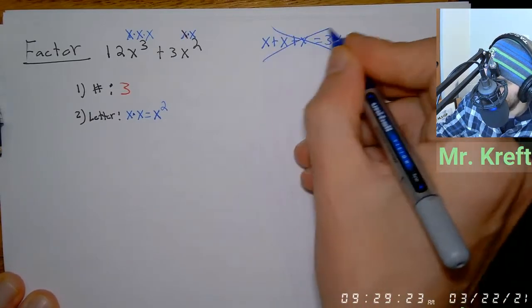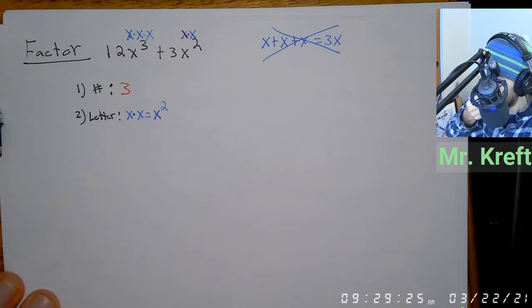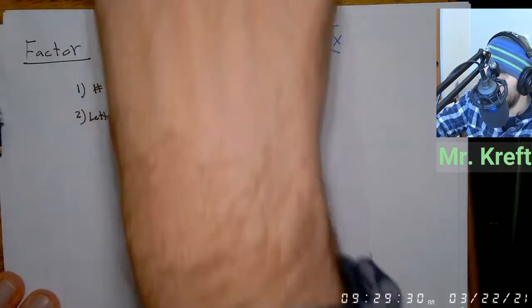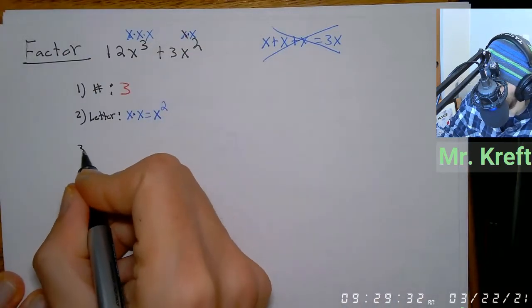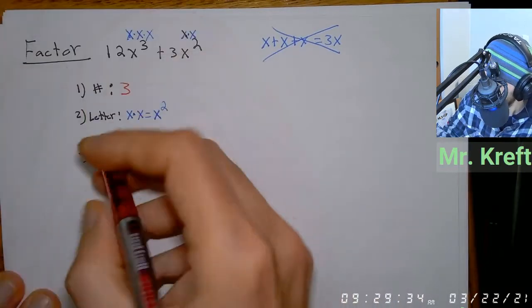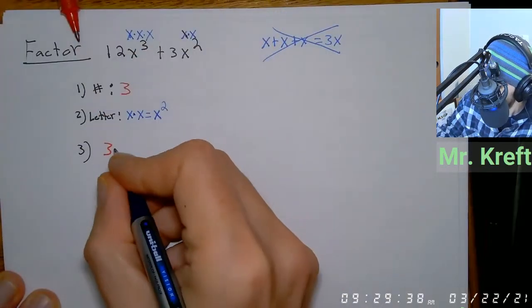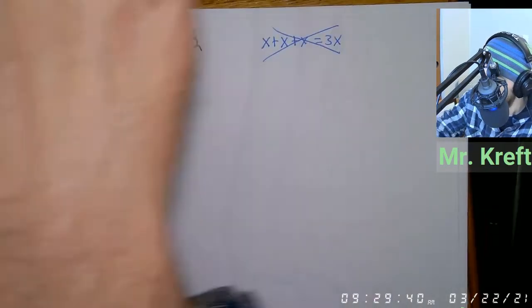So we're not adding. I'm going to pull out a 3 and an x squared. So what we have here is 3x squared.